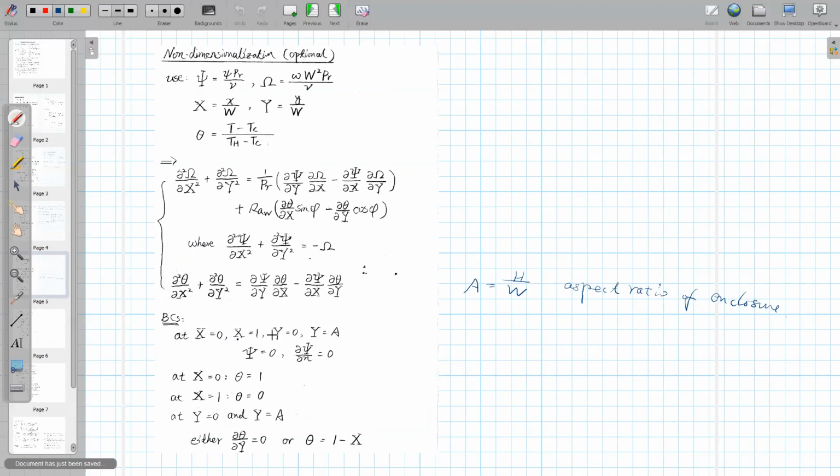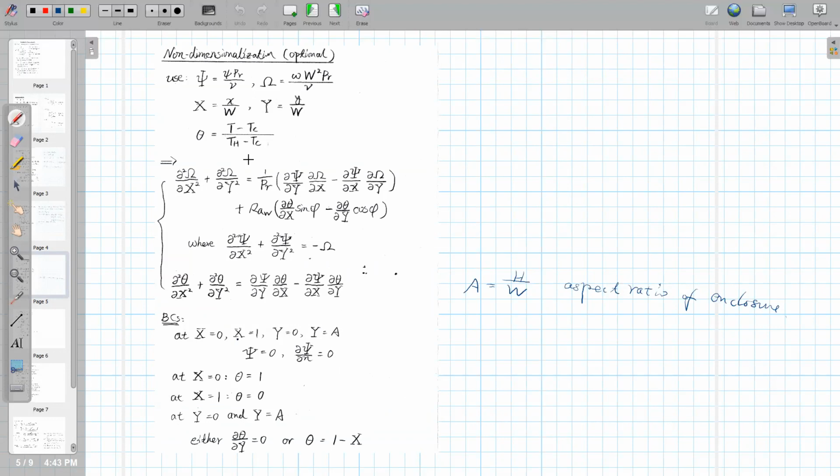The result you get will be directly a function of the dimensionless parameters. The non-dimensionalized psi and the non-dimensionalized theta will be functions of the Prandtl number, the Rayleigh number, the angle phi, and the aspect ratio A. What does this mean?